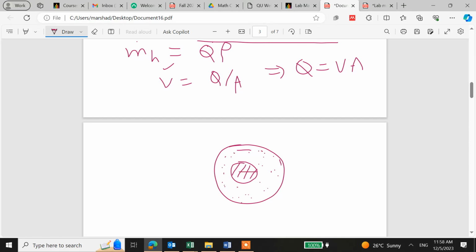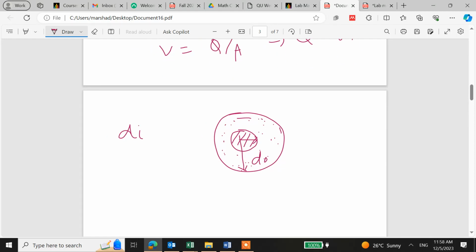If this is di, the inner diameter, and this one is do, the outer diameter, the area is pi by 4 times do squared minus di squared: the area of the outer minus the area of the inner.